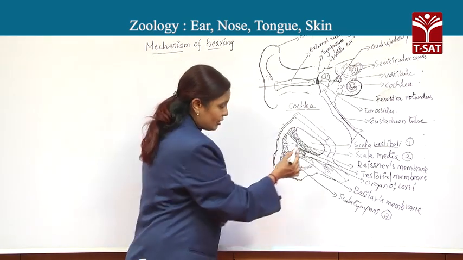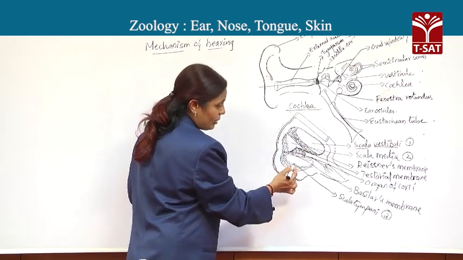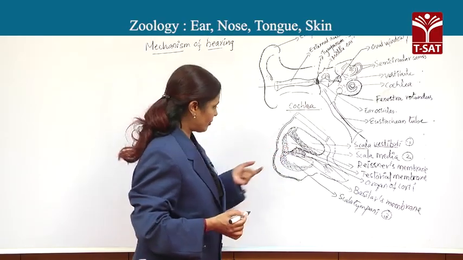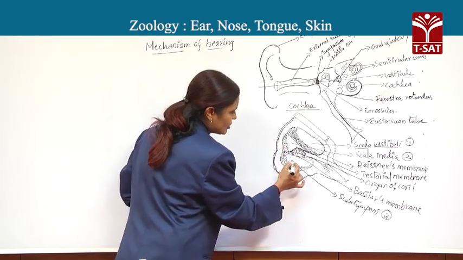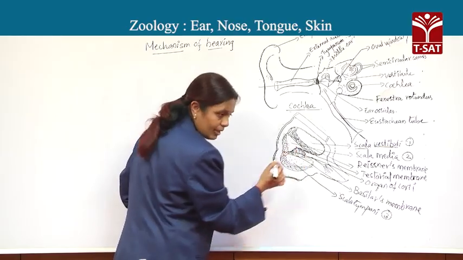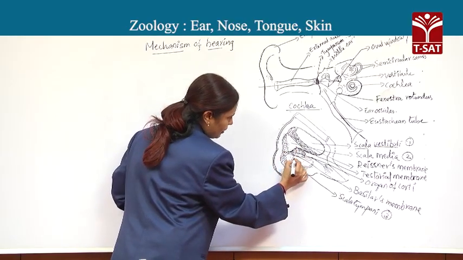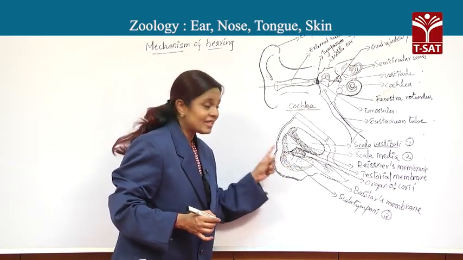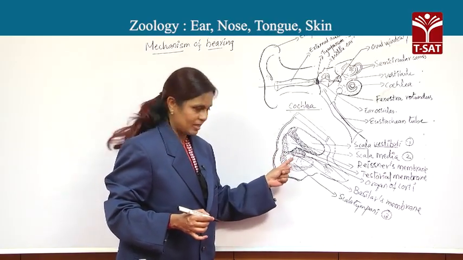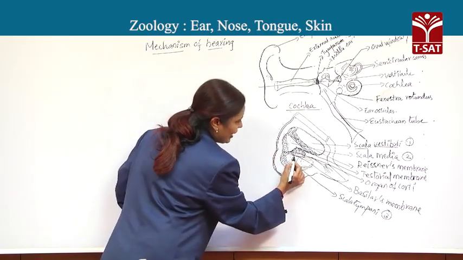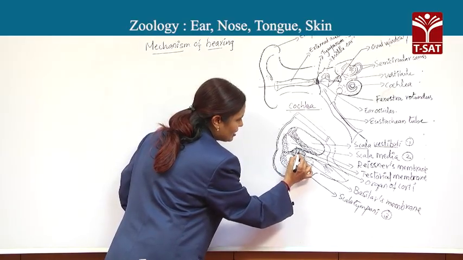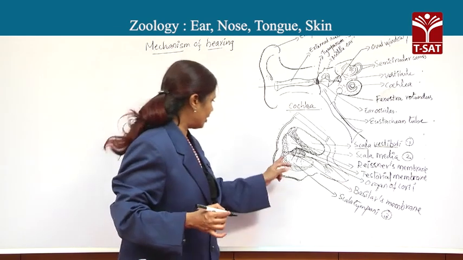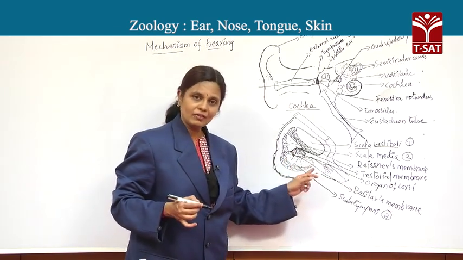Now, you know that vestibuli and tympani are filled with perilymph, whereas media is filled with endolymph. Now, the vibrations generated in the perilymph and endolymph apply pressure on the basilar membrane. Now, this creates ripples on the basilar membrane. Now, the hairy cells are pressed against the so-called tectorial membrane, which is covering the organ of Corti.